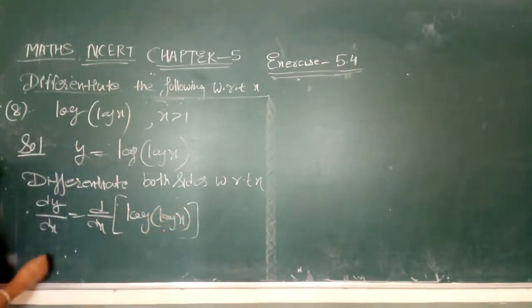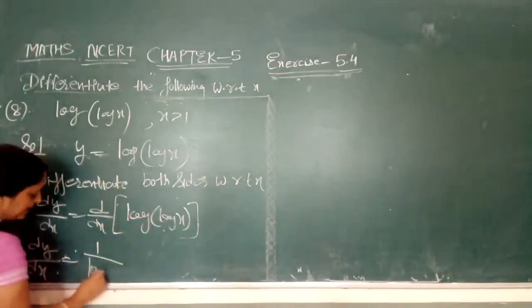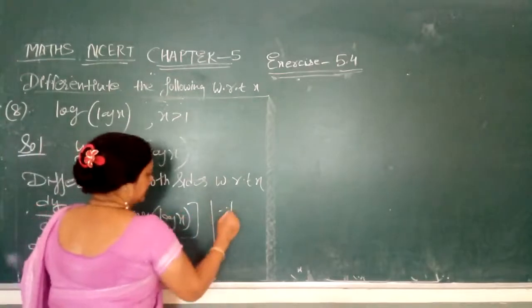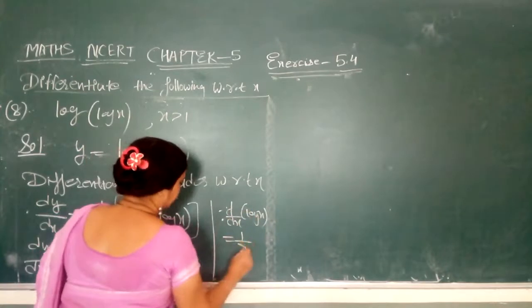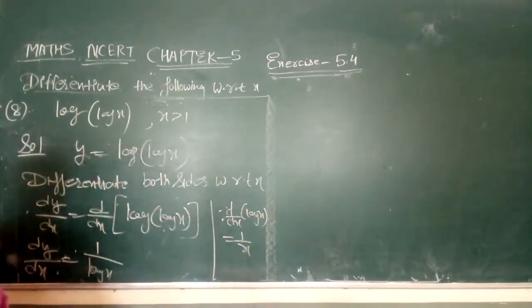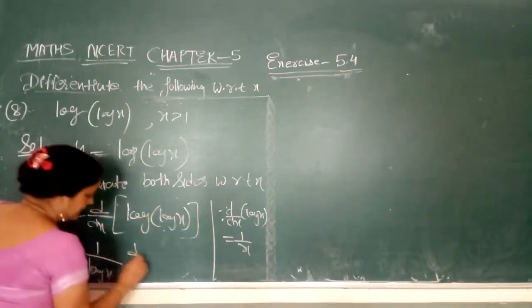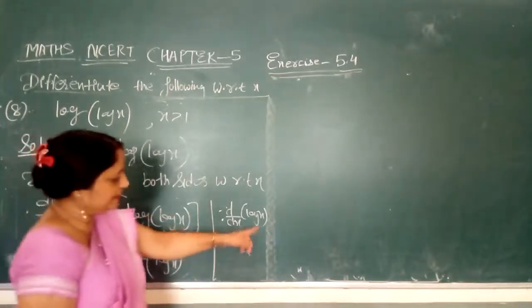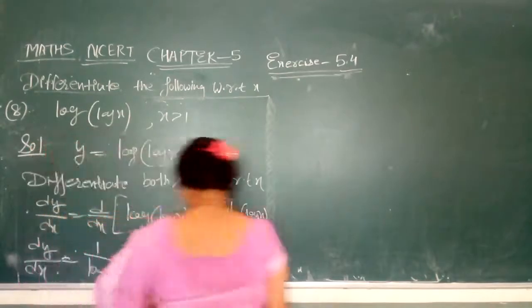After that it will come dy upon dx, the derivative of log of something is 1 upon that something, because the derivative of log x is 1 by x, and again the derivative of x will come 1, and here x is log x, so it will come 1 upon log x, and again the derivative of log x. Here also the derivative of x will come 1, so we are writing here only 1 by x.